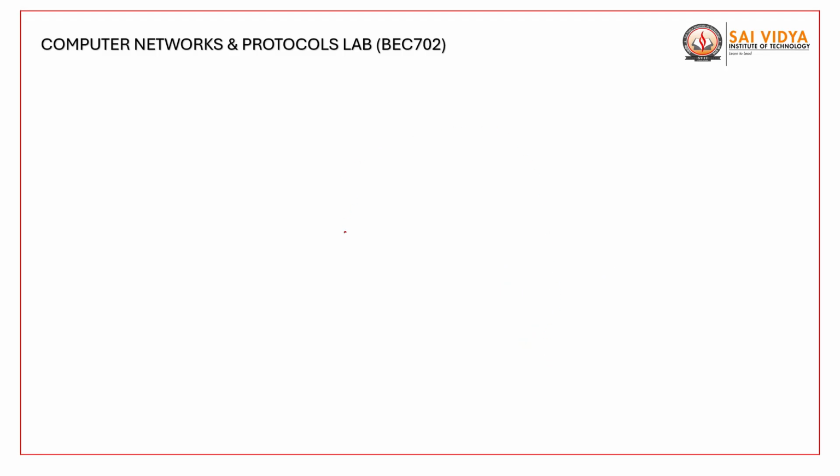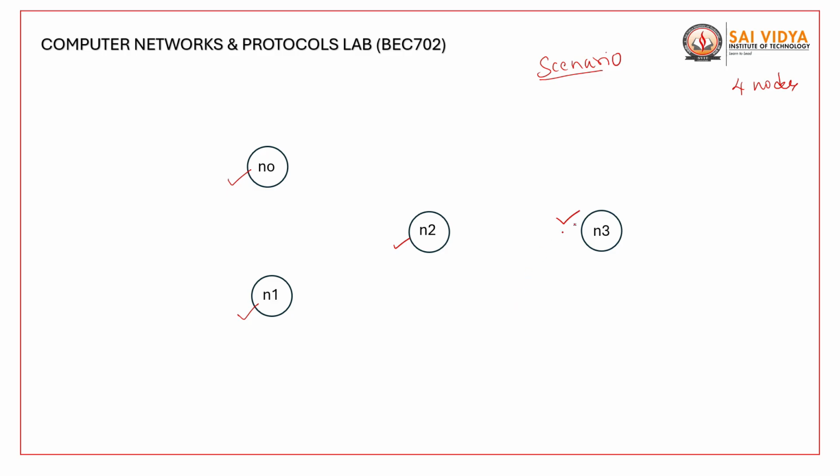So the next step is to write the scenario. This is the procedure to write scenario for a given problem statement. How many nodes do I have? 4 nodes I have. So you can name them as N0, N1, N2 and N3.